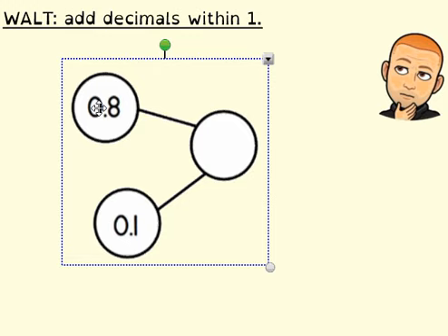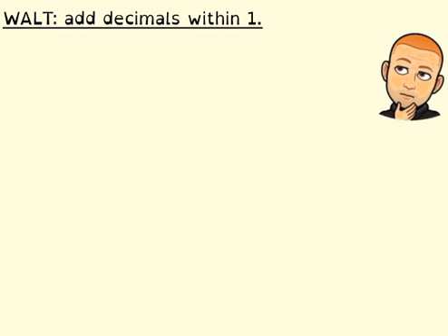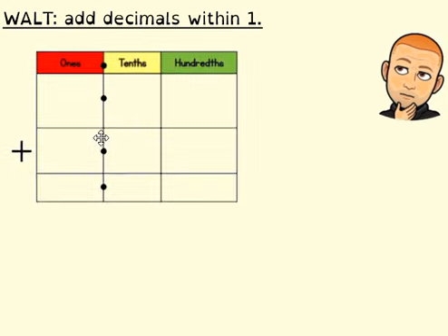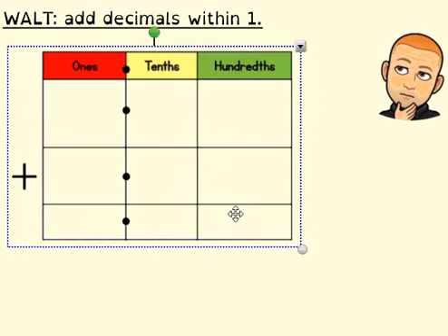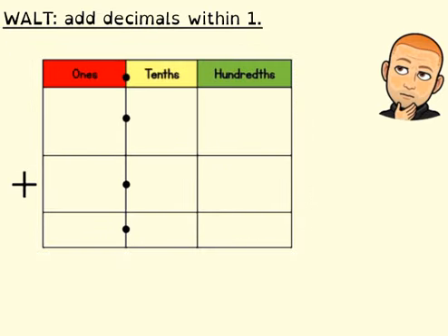You might also sometimes want to use a place value grid to answer questions. So let's have a look at a slightly trickier question, but we're not pushing the realms of difficulty too much here. We're going to have a go at trying to answer 0.26 add 0.3.